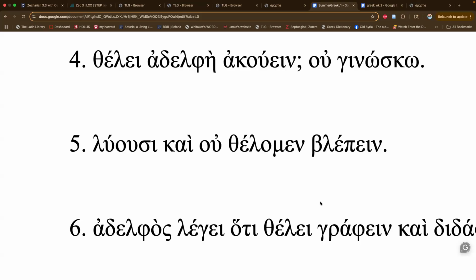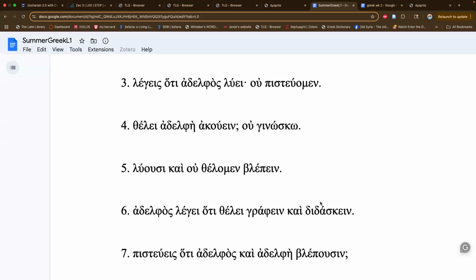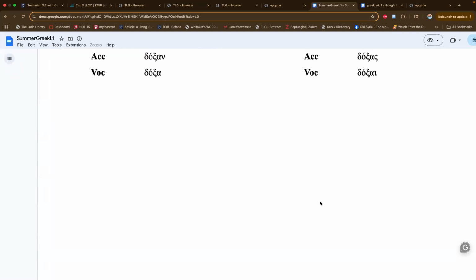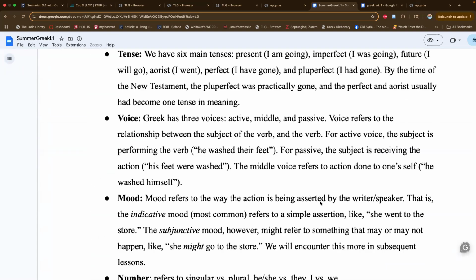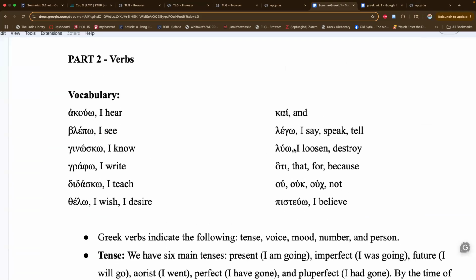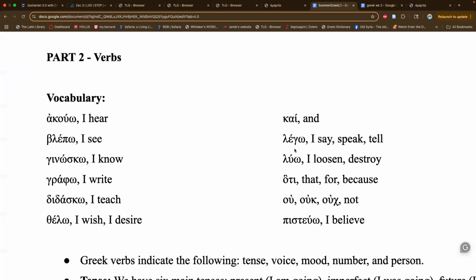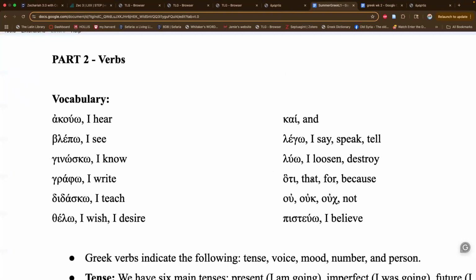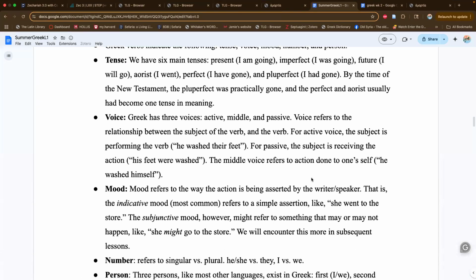Yes, exactly. So luusi, if we look up what luo is in our vocab, then we can put the whole thing together. So we go up, we look at luo. In this case, it can be loosen or destroy. Like I said, these sentences don't always make the most sense. But we'll go with loosen just because it's the first one.